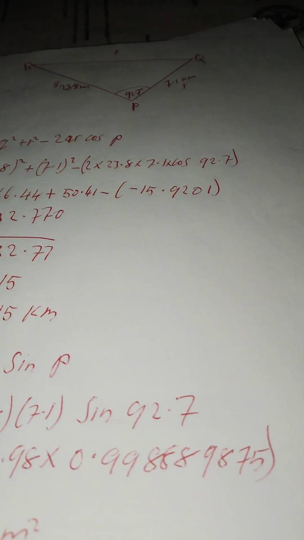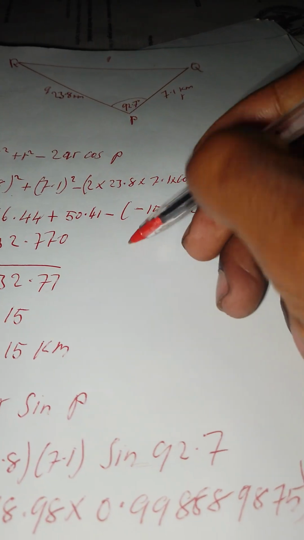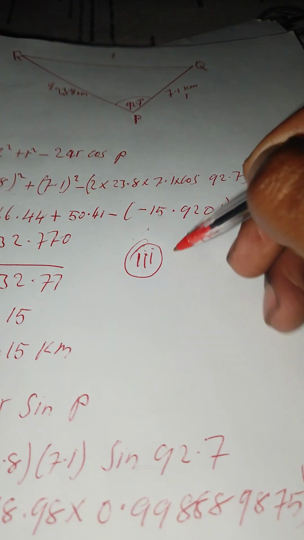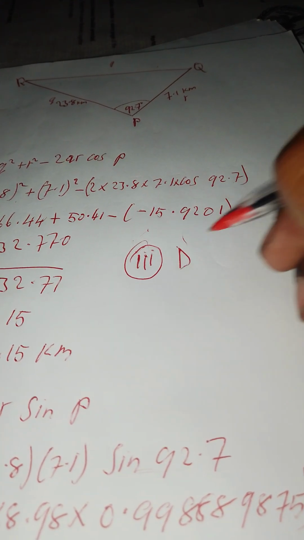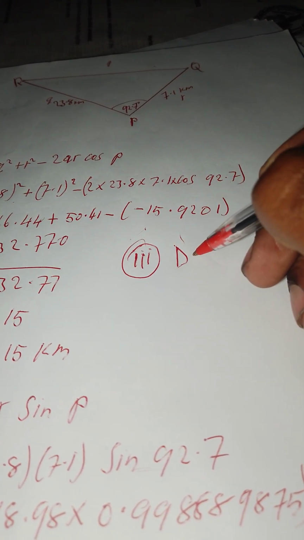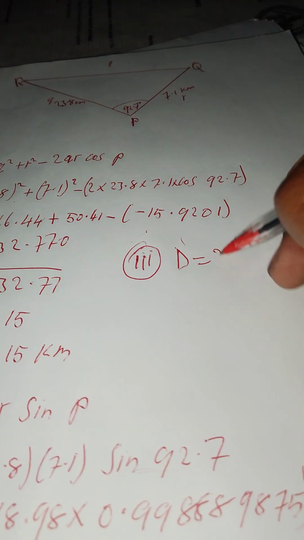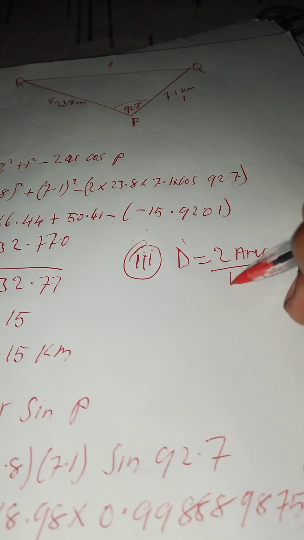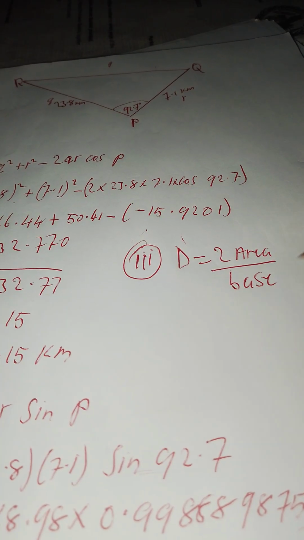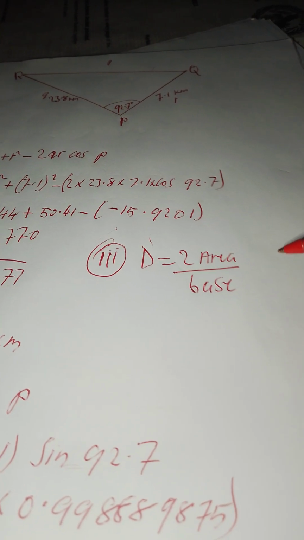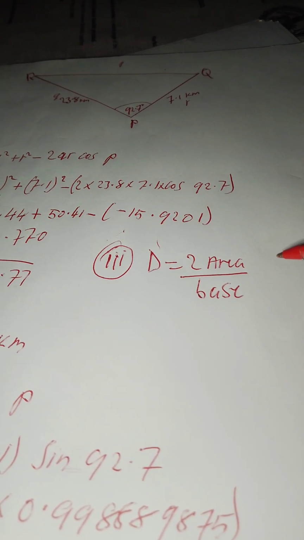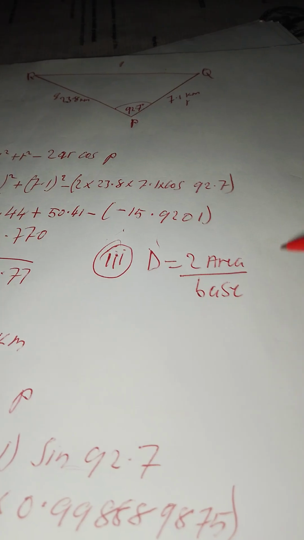So now, the distance formula is distance is equal to 2 area over base. This is the simplified version of the formula for finding distance.